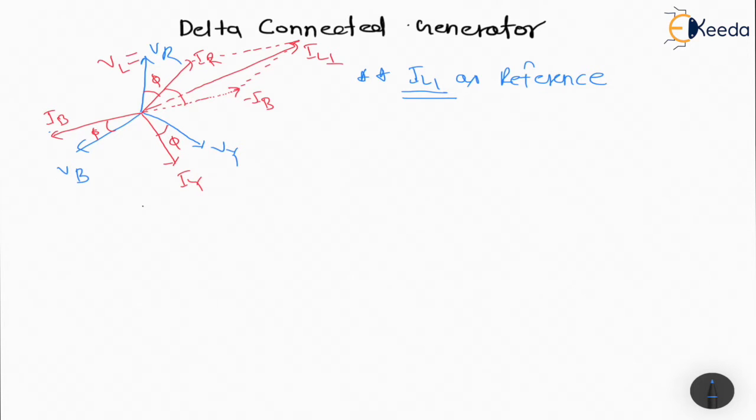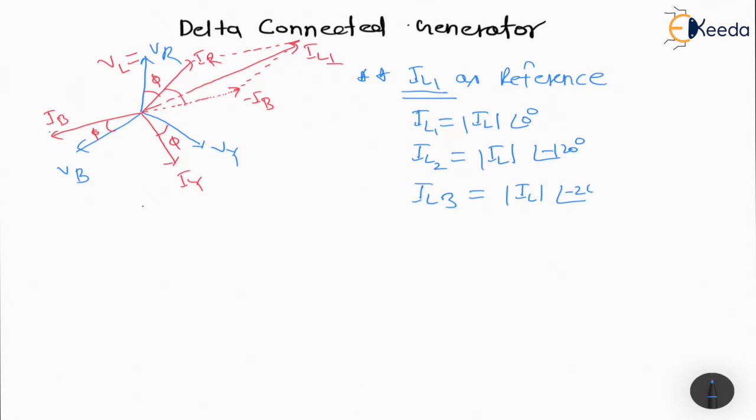So when IL1 is reference, you can see from here IL1 will be equal to IL at the angle of 0 and IL2 will be equal to IL at the angle of minus 120 degree, and IL3 will be equal to IL at the angle of minus 240 degree, or IL at the angle of 120 degree.